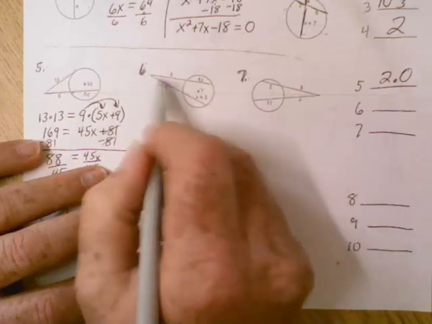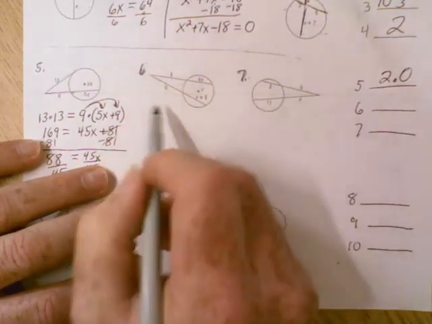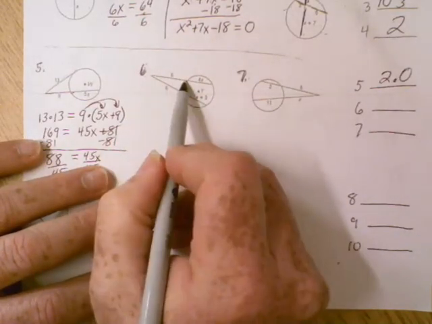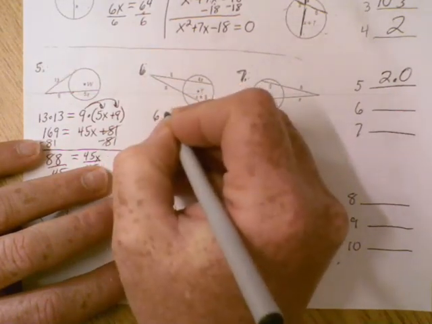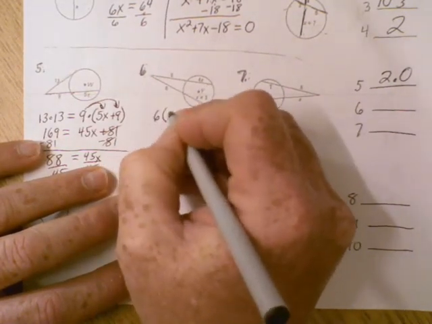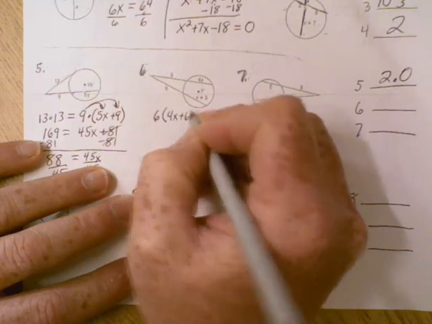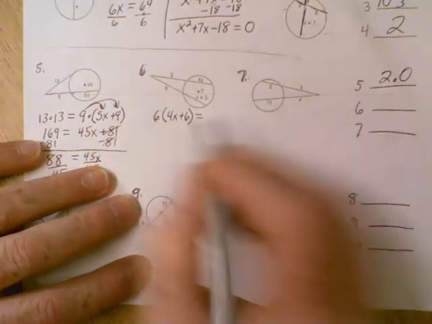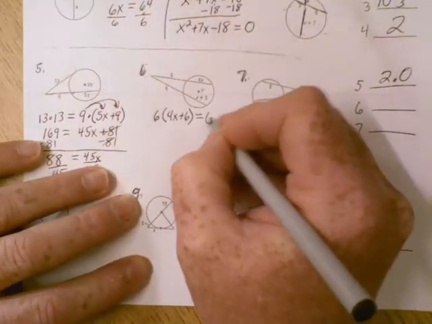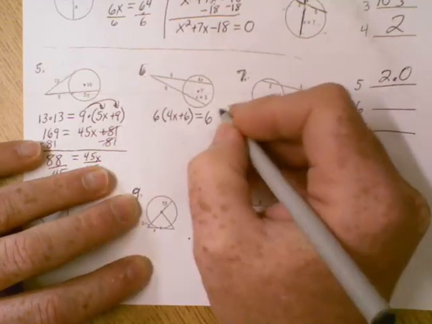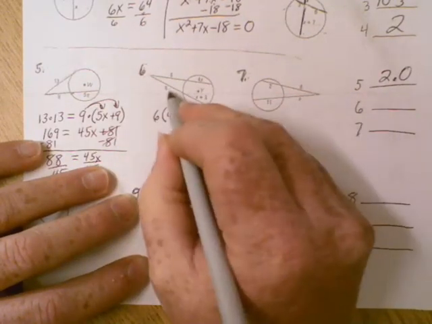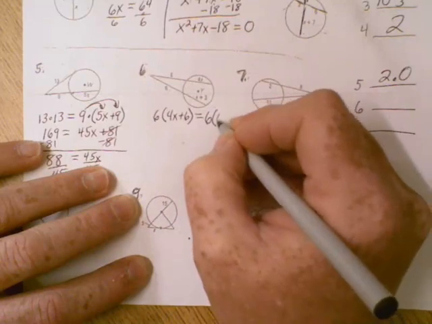Number 6, we've got a secant and a secant. So you take the outside part of the secant, 6, times the whole thing, which is going to be 4x plus 6, equals the outside part of the secant, which is 6, times the whole thing, which is going to be 6 plus x plus 3.